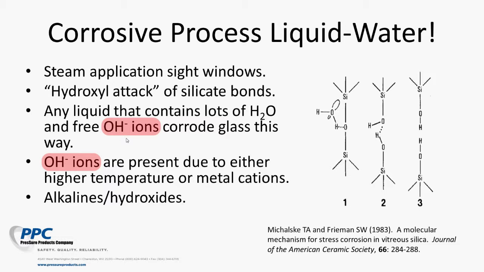You can see one depiction of how water reacts with glass right here. Basically, the hydrogen atoms don't really care which oxygen atoms they're bonded to. So here, this hydrogen is switching its allegiance from this oxygen to that oxygen, and the net result is that you wind up breaking the silicon-oxygen-silicon bond, which is the backbone of any silicate glass matrix.